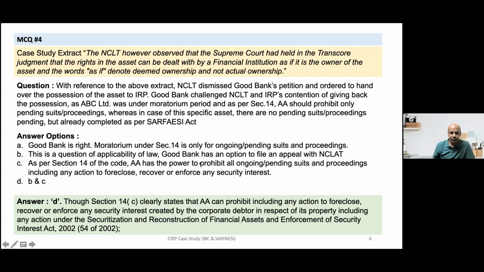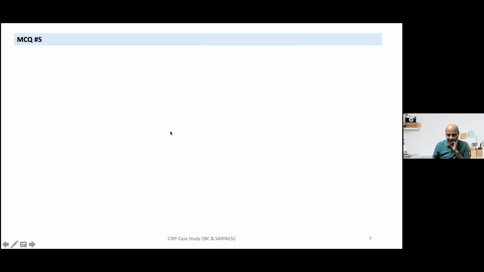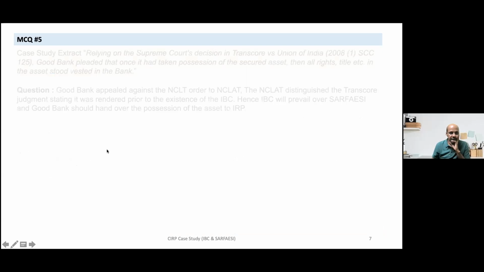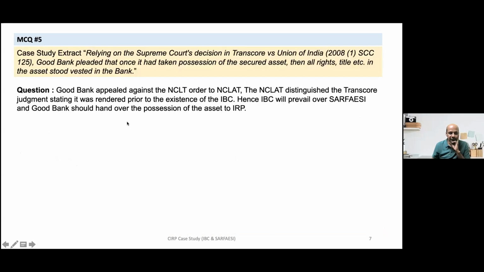Anybody else having any other question on this? Okay. We'll move to the next question. Again, there is an extract from the case study. Relying on the Supreme Court's decision in Transport versus Union of India 2008, Good Bank pleaded that once it has taken the possession of the secured asset, all the rights and title of the asset stood vested in the bank.